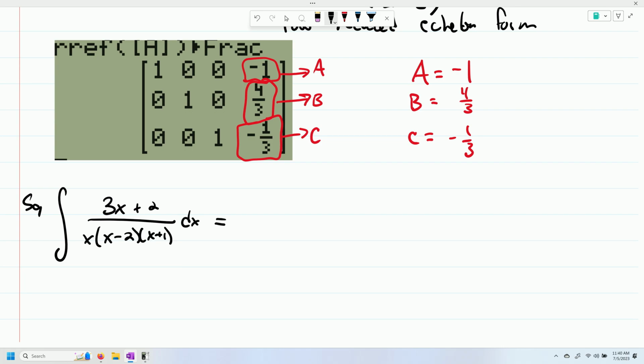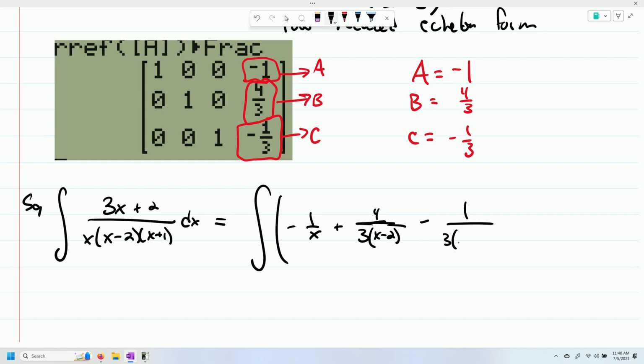And now we will finally do that, because we're going to integrate negative 1 over x plus 4 over 3 times the quantity x minus 2 minus 1 over 3 times the quantity x plus 1 dx.